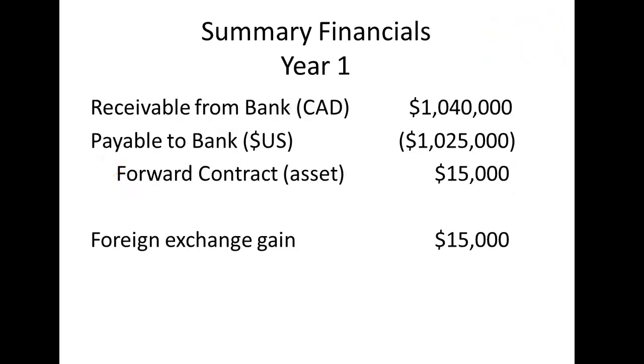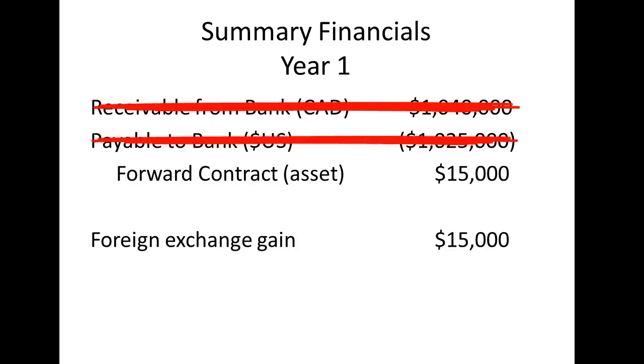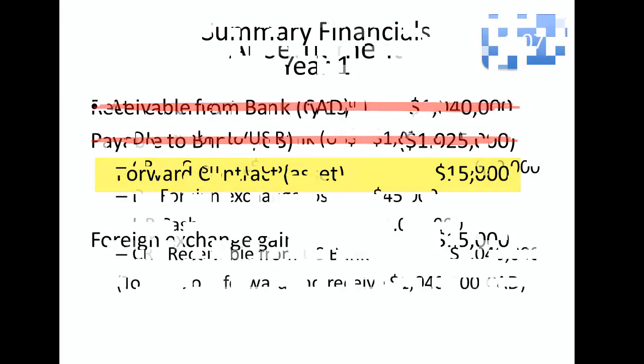Our financials at the end of year 1 will reflect these balances. Keep in mind for reporting purposes that the receivable from US Bank and the payable to US Bank will be shown on a net basis as either an asset or a liability on the balance sheet. In this case, an asset for $15,000.